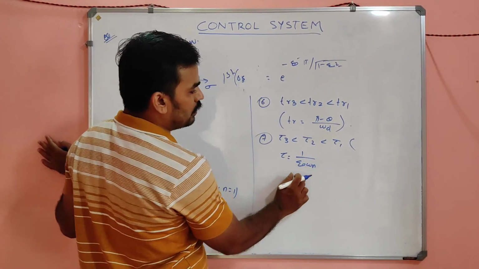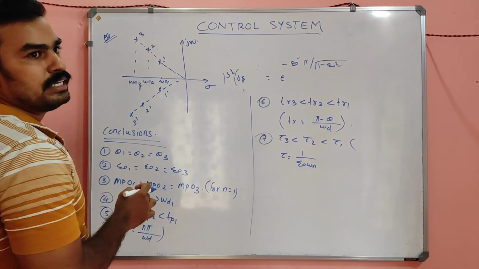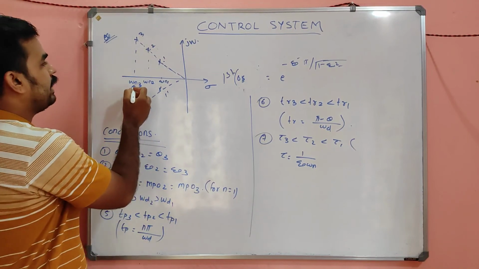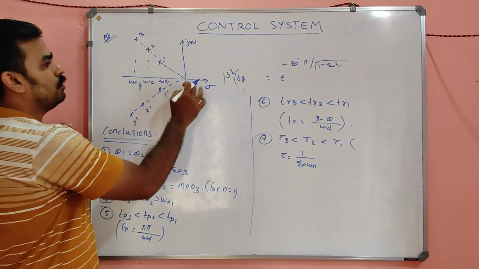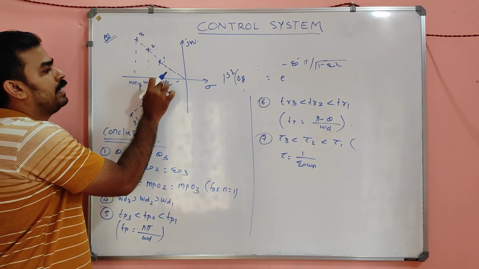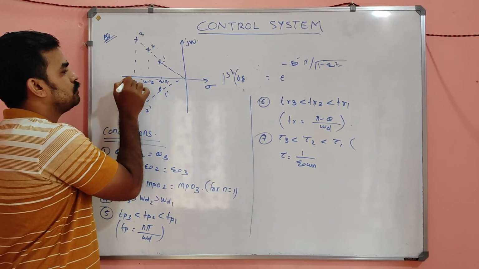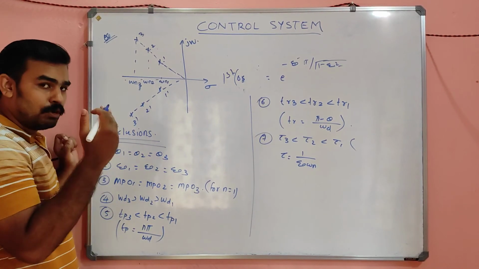Omega n goes on increasing now. On the left side it goes on increasing. So omega n3 will be maximum, in magnitude, my dear. These all contain minus, minus zeta omega n, but you neglect the minus and simply take omega n only.